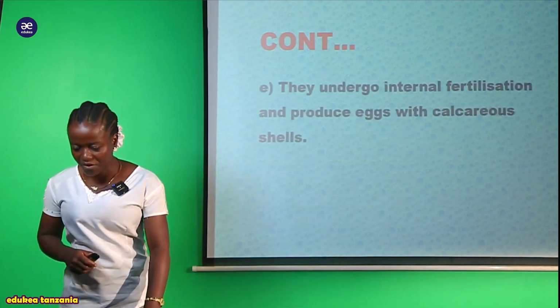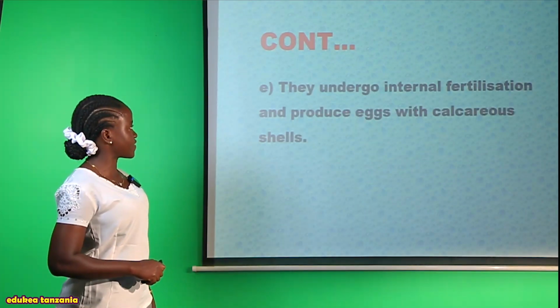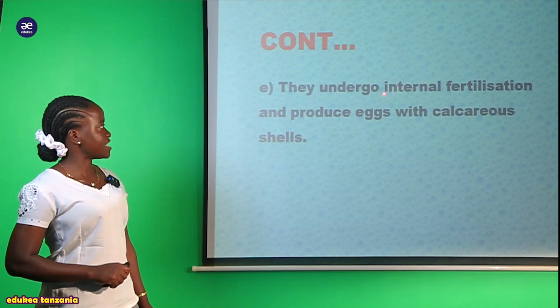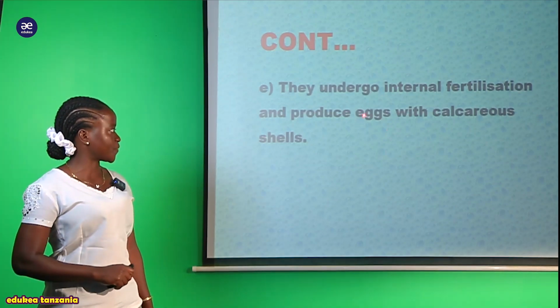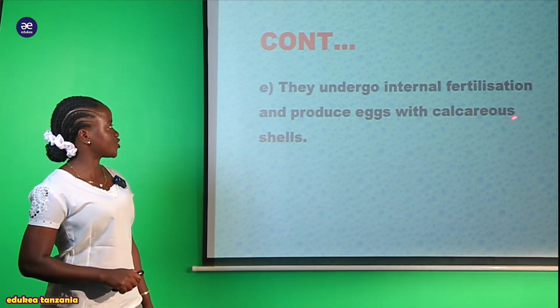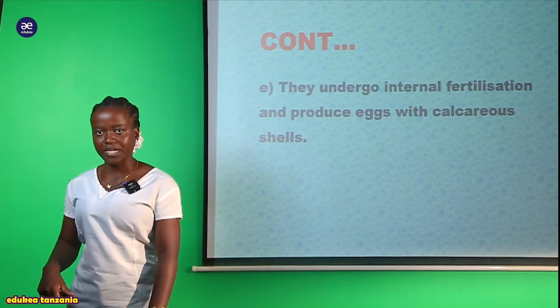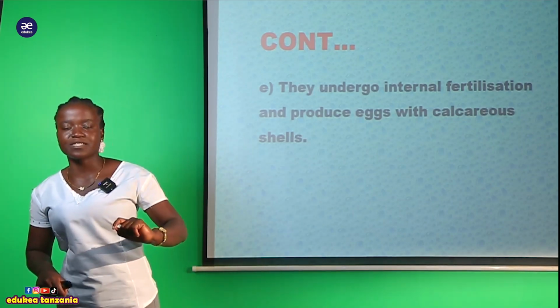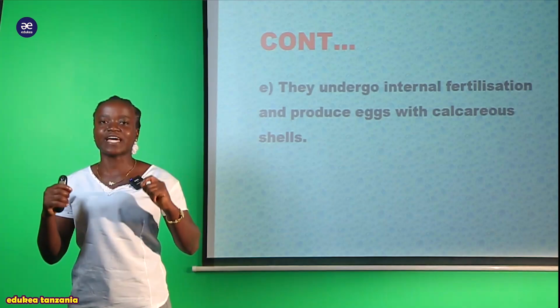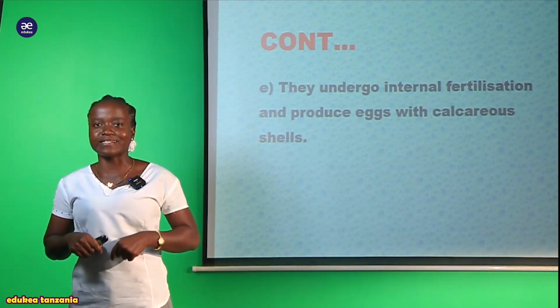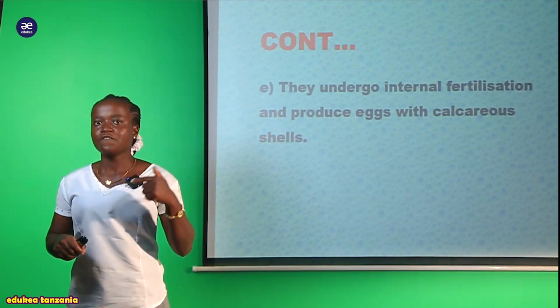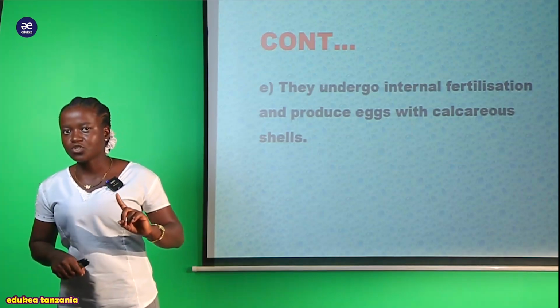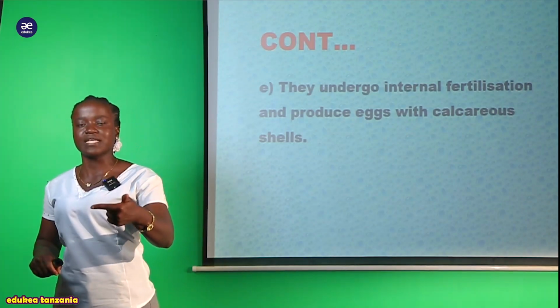And apart from that, this organism possesses another characteristic: they undergo internal fertilization and produce eggs with a calcareous shell. This organism undergoes internal fertilization, meaning that the sperms and the eggs are united within the organism. That is the internal fertilization. But also this organism produces eggs.